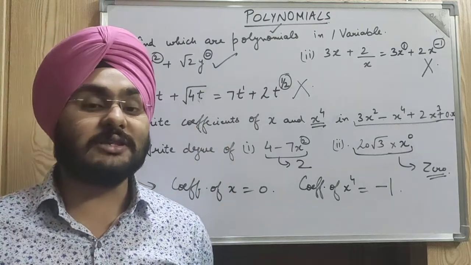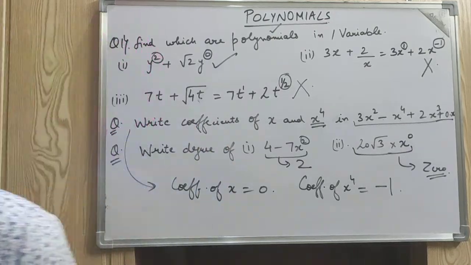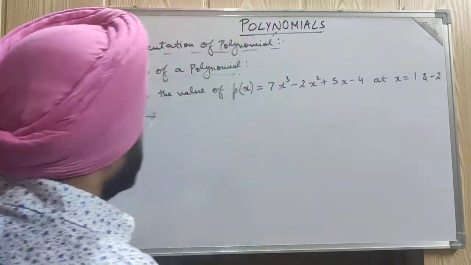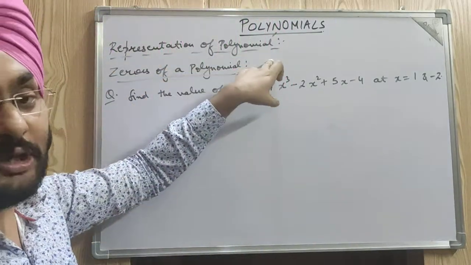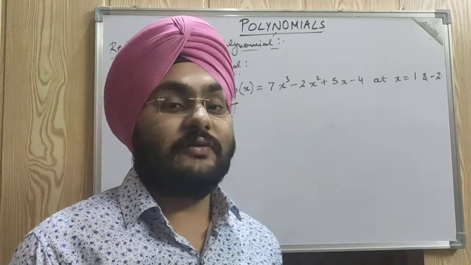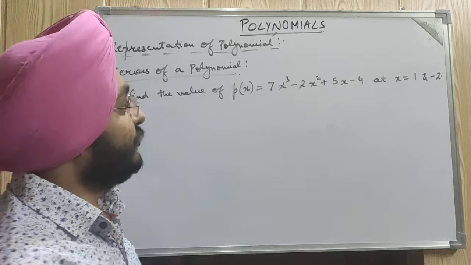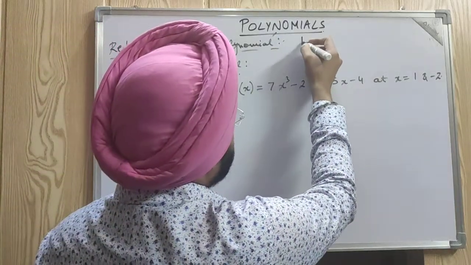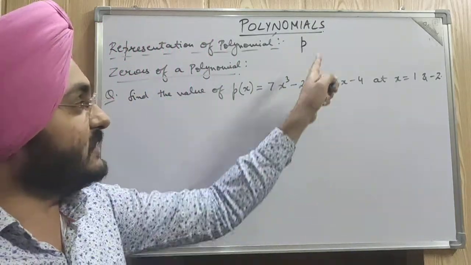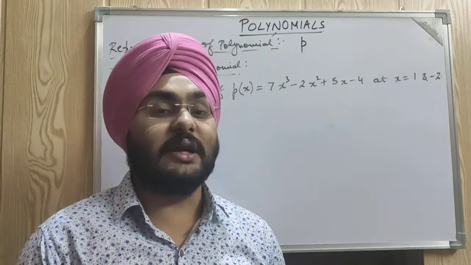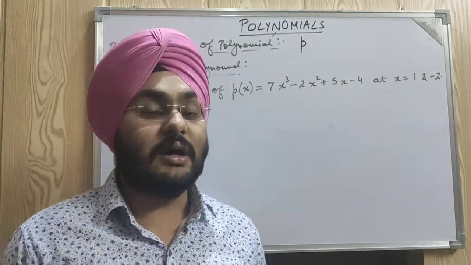Now coming to the next topic. Our next topic here is the representation of polynomial. In which way will you represent a polynomial? We have to represent it in this way. Firstly we'll write the p here. P stands for the polynomial. Instead of p we can write any other variable as well.